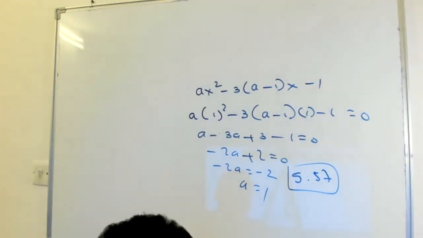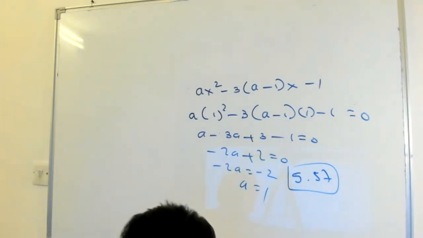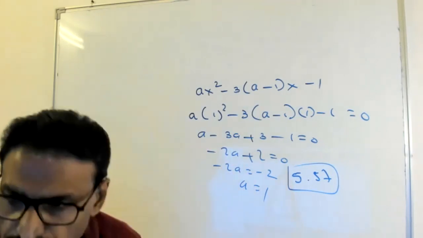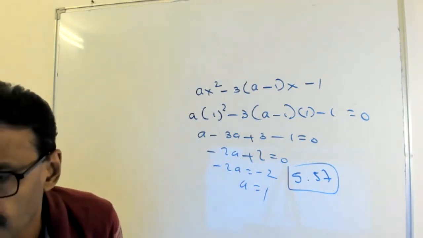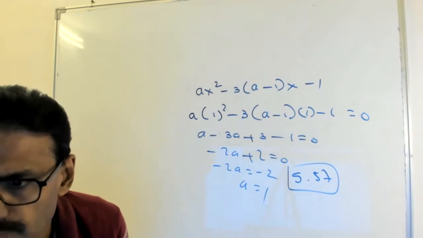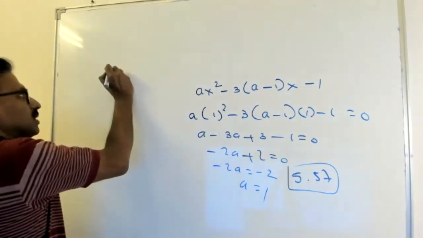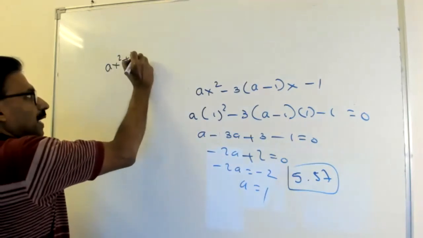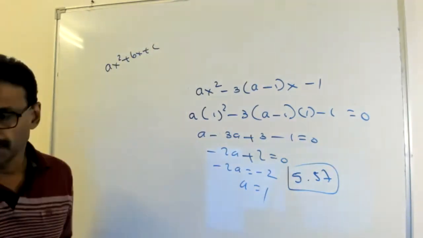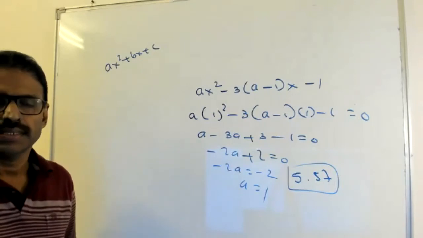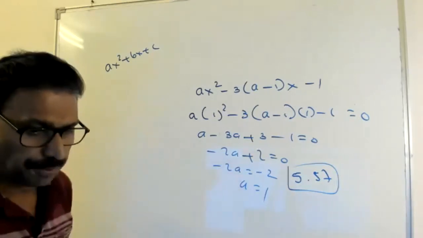Can you explain the question? Find the condition that the zeros of the polynomial p(x) are reciprocals. The condition means, listen, ax square plus bx plus c. The question says the zeros are reciprocals.